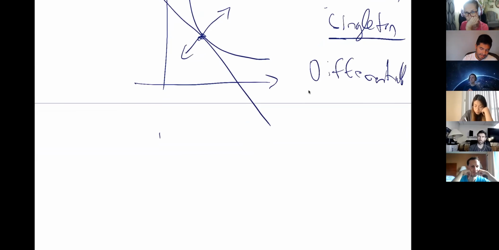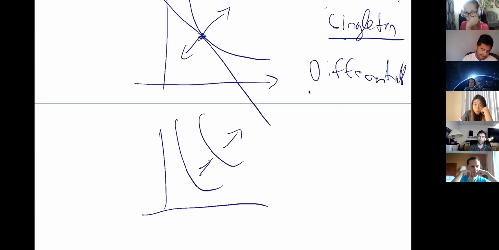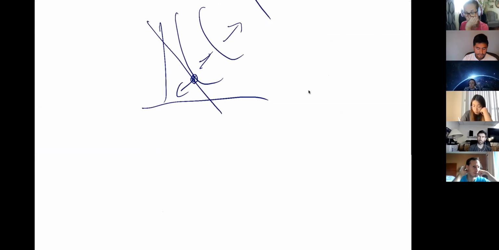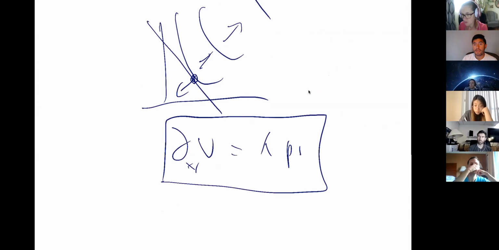So if I'm trying to maximize this, essentially what I'm looking for is the point of coincidence of this gradient with the hyperplane. And that's the interior solution that we discussed. So essentially the fact that the partial derivative of u with respect to x1 is proportional to lambda p1. That's the analytical description of this geometric fact. Do you understand?